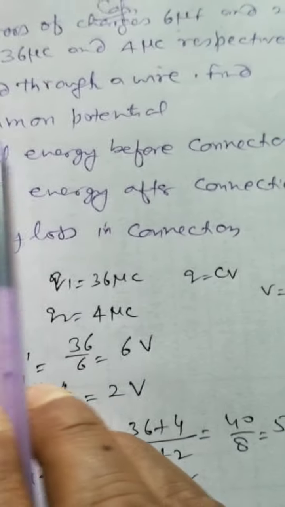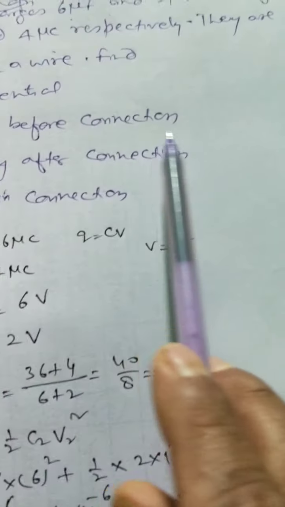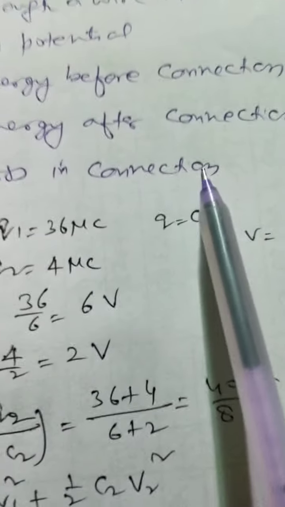Find, first part, common potential; second, total energy before connection; total energy after connection; and energy loss in the connection.